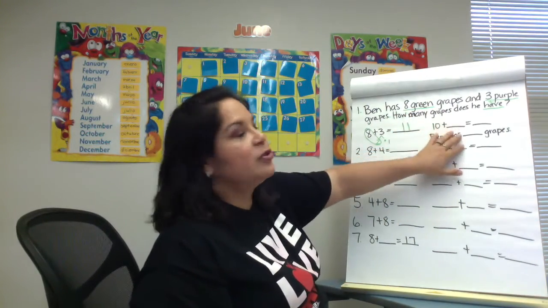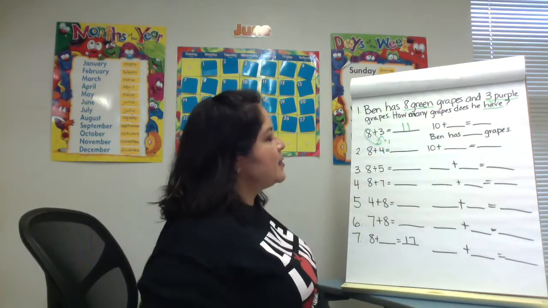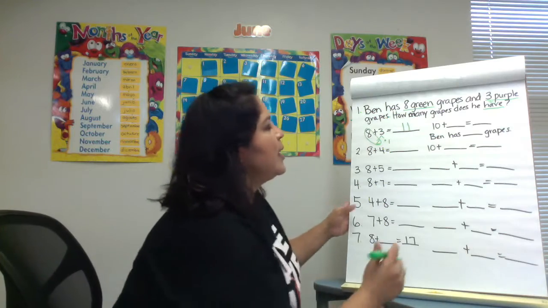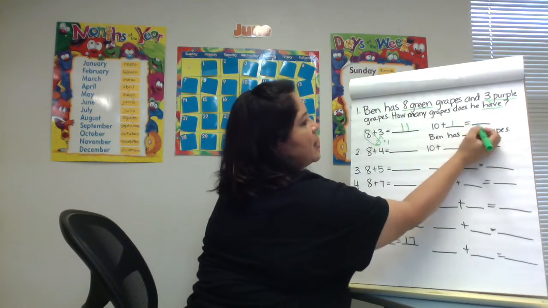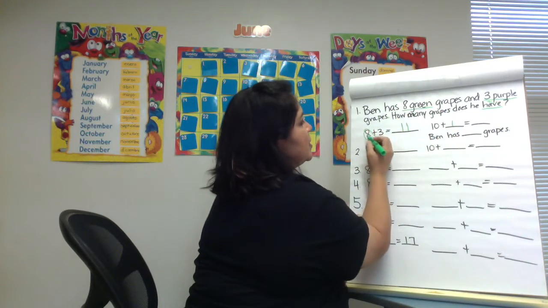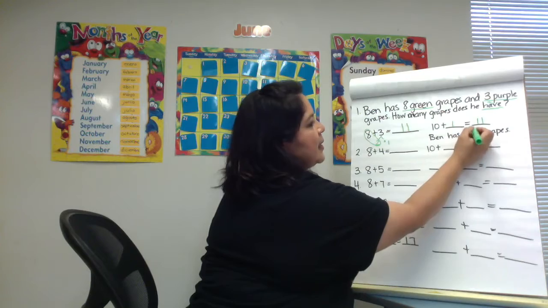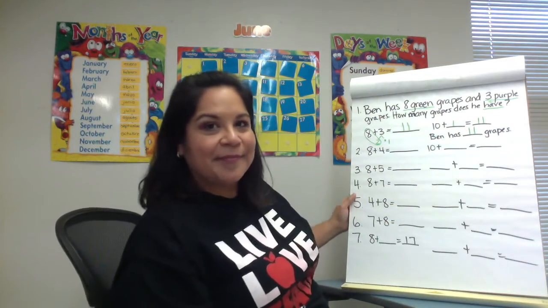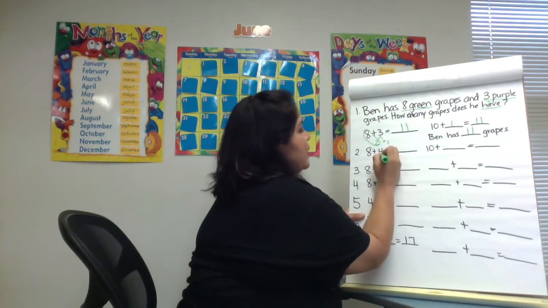But now they want you to show a 10 fact frame, right? A 10 fact number sentence. So we have 10 and 1 that was not circled equals 11. It's the same thing. Ben has 11 grapes. Okay? The next one, we do the same way, right?